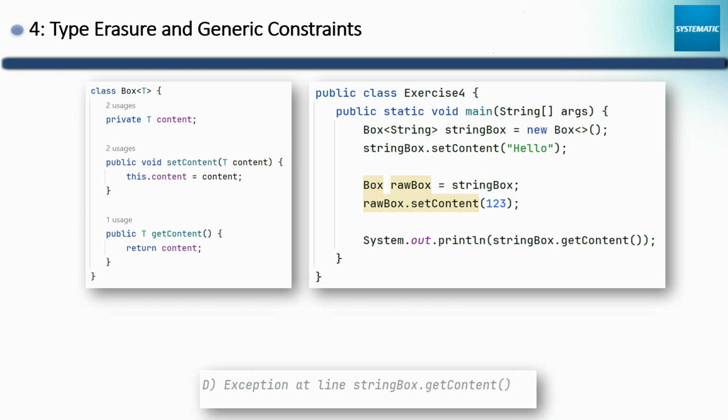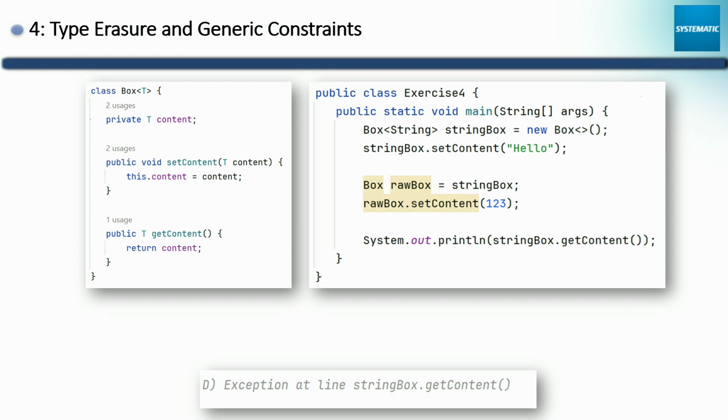So let's see why. Type erasure in Java leads to raw types that bypass compile-time type checking. So assigning a raw type to a generic variable allows setting content to different types. When raw box set content to 123 is called, the second initialization that we have there, there is no compile-time error.